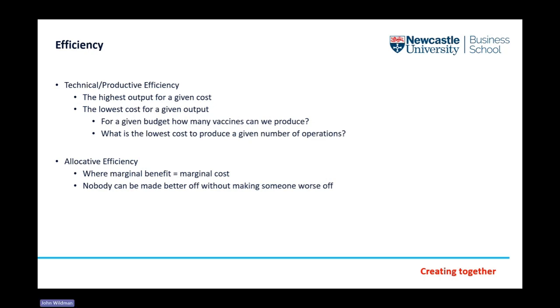When you're thinking about the next pound that you spend, what you want is for the benefit of the next pound that you spend in any area to be the same across all areas. If that were the case, you would be allocatively efficient. If it's not the case, if there's more benefit to be had in one area than another, then you're not allocatively efficient. You should be readjusting where your resources go. So this matters. It matters for perspective.